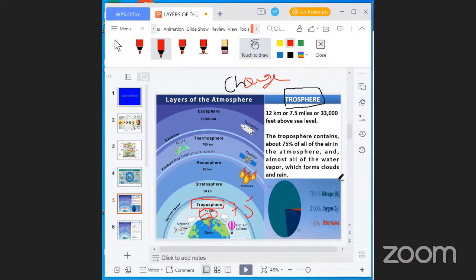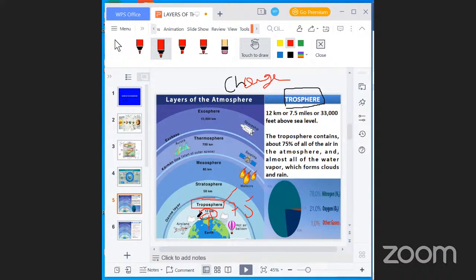So lots of atmospheric phenomena keep happening in this sphere, right? All weather condition changes occur in this particular layer.